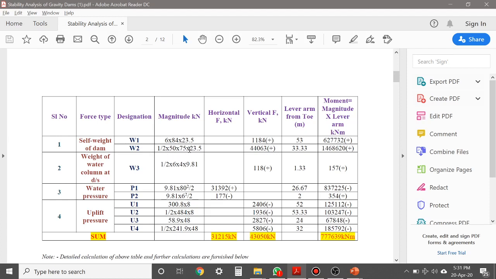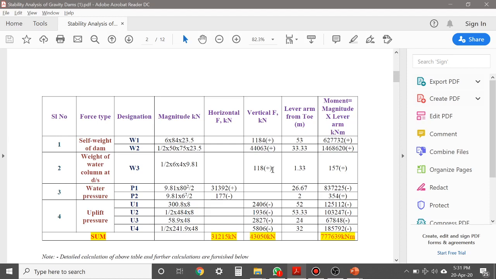You know that W2 is a vertical force and it is a downward force, so the sign is positive. And W3, it is the self weight of water at the downstream side. It is also a downward force since it is a self weight. So that is also written in the vertical force column. Since it is a downward force, the sign is given as positive.